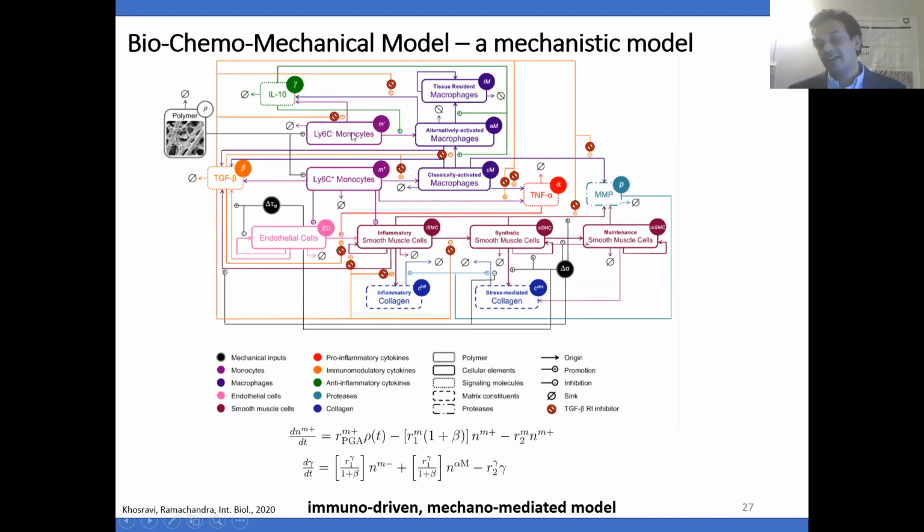Now, monocytes, as they enter into the wall, they differentiate into different types of macrophages. Also, these monocytes and macrophages recruit cells like endothelial cells, inflammatory cells into the wall, which in turn deposit inflammatory collagen as well as stress-mediated collagen.